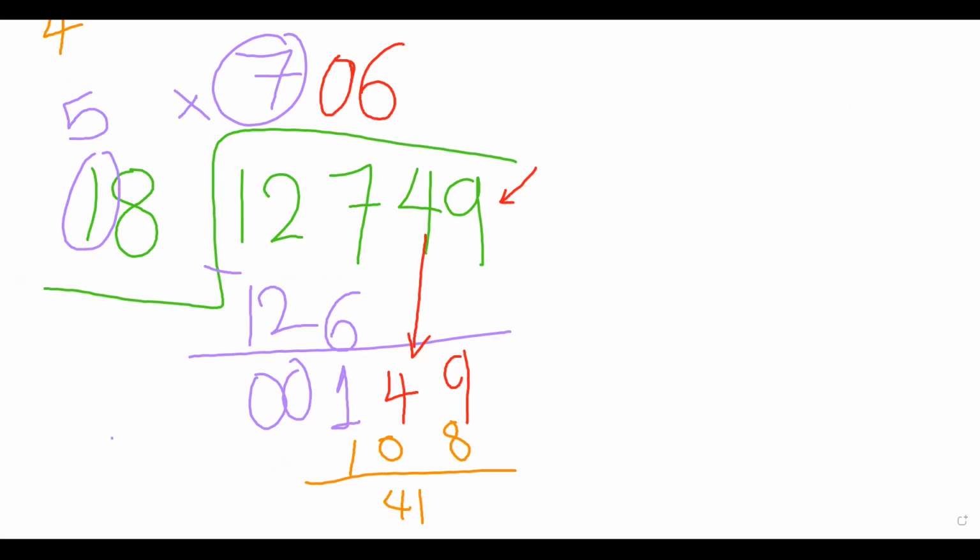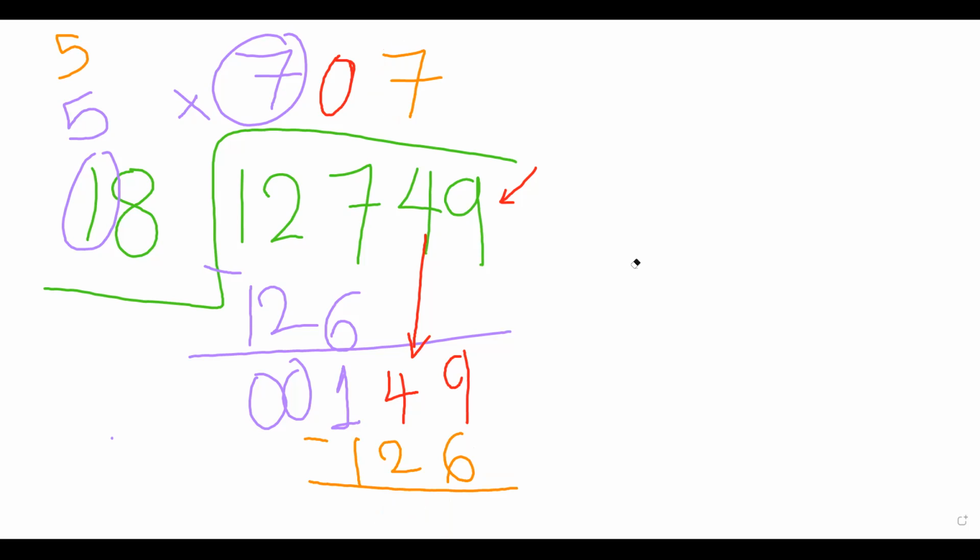Now the remainder is greater than the divisor, so there is something wrong. Look at 41, it's greater than 18. So now let's raise number 6. Let's make it 7 now. Keep clean here and make it 7. 7 times 8, 56. 7 times 1, 7, and plus 5, 12.